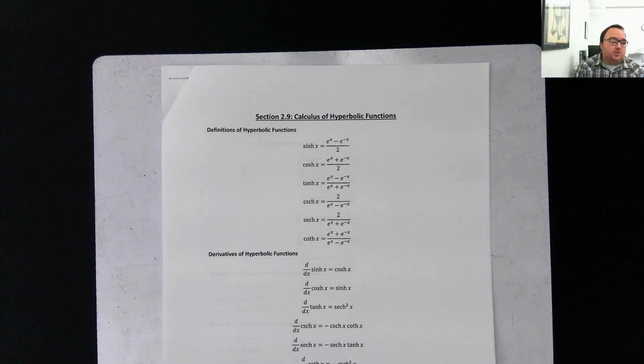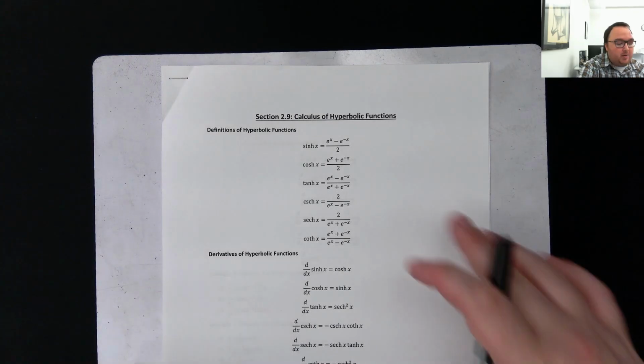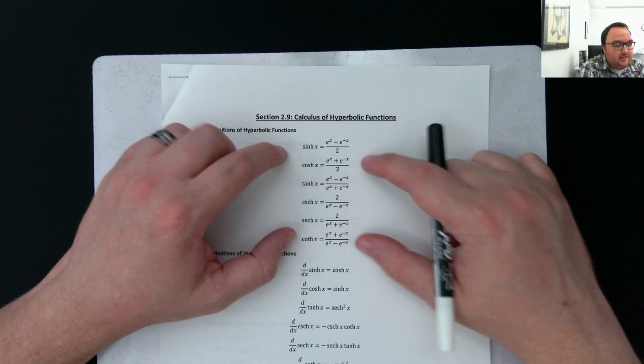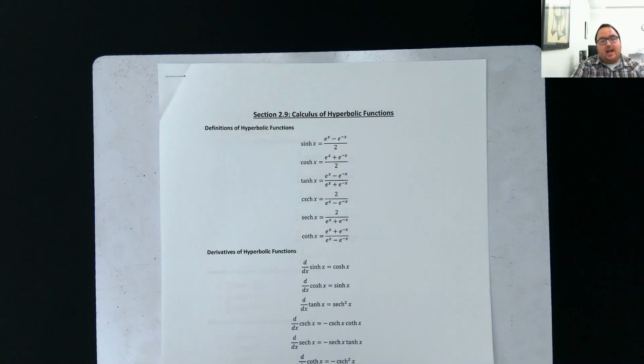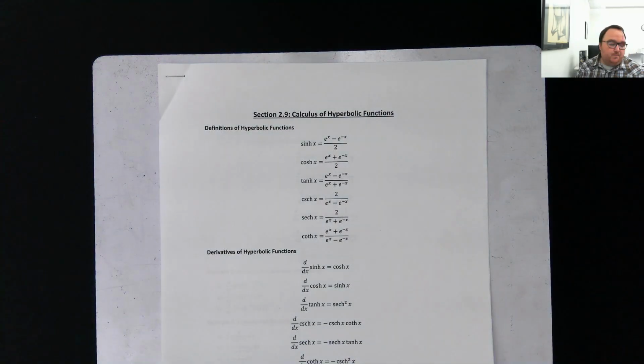Hyperbolic cosine is e to the x plus e to the minus x divided by 2. Hyperbolic tangent is e to the x minus e to the minus x over e to the x plus e to the minus x, and on and on. So hit pause or whatever. These are how I'm going to define the hyperbolic trig functions for the purposes of calculus 2.